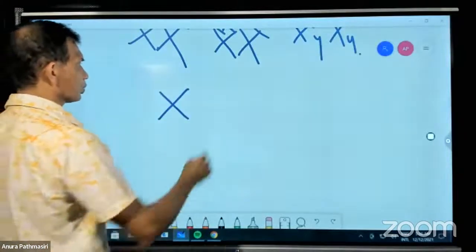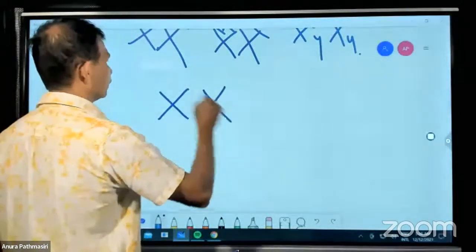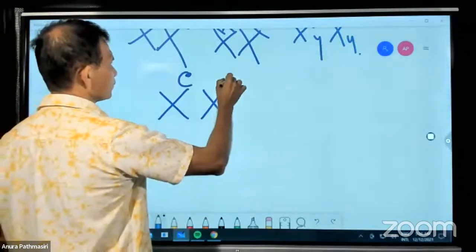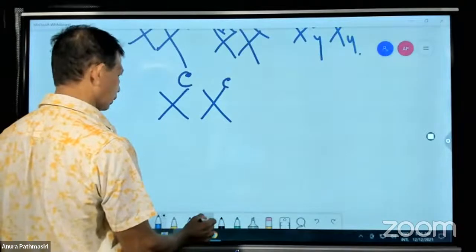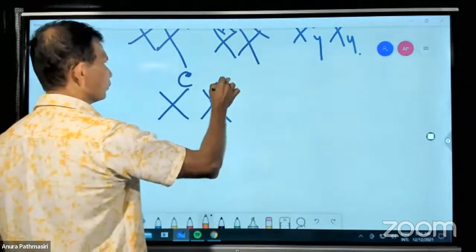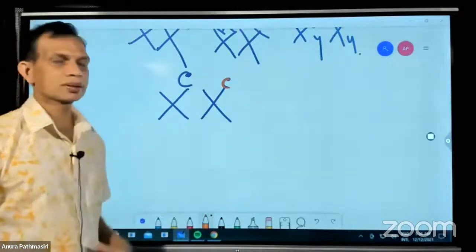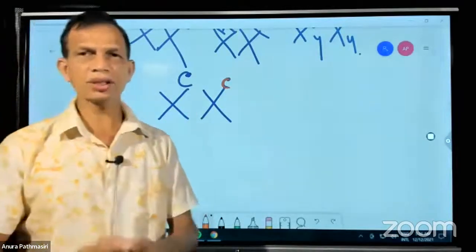These are the chromosomes coming from mother, capital C, simple C. So in order to recognize simple C, I will put it in a different color. This is not a diseased mother.